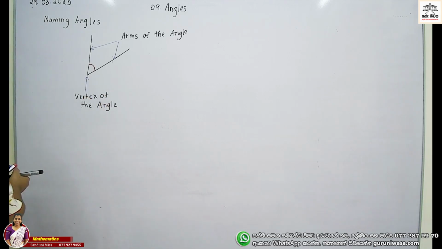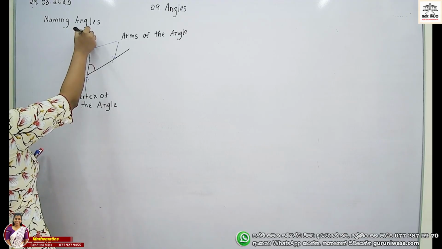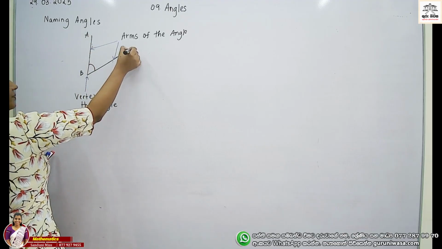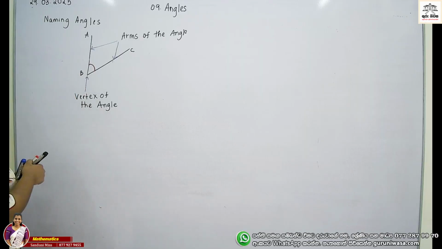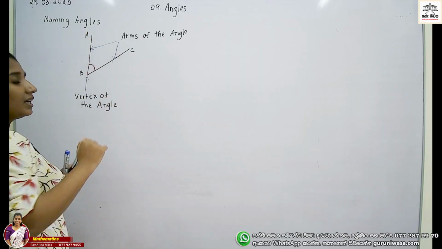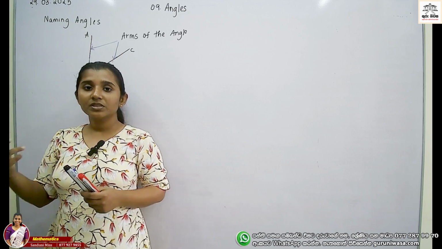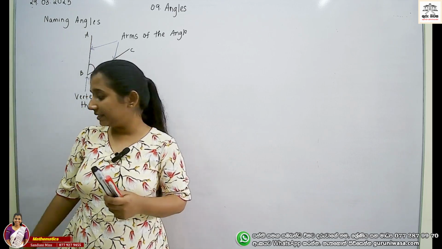Vertex of the angle. So if you name it ABC, B is the vertex of the angle. BC and AB are the arms of the angle.